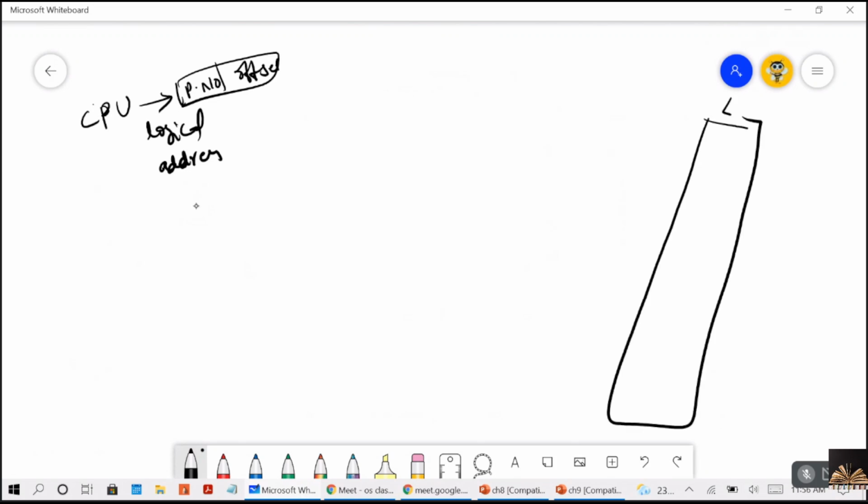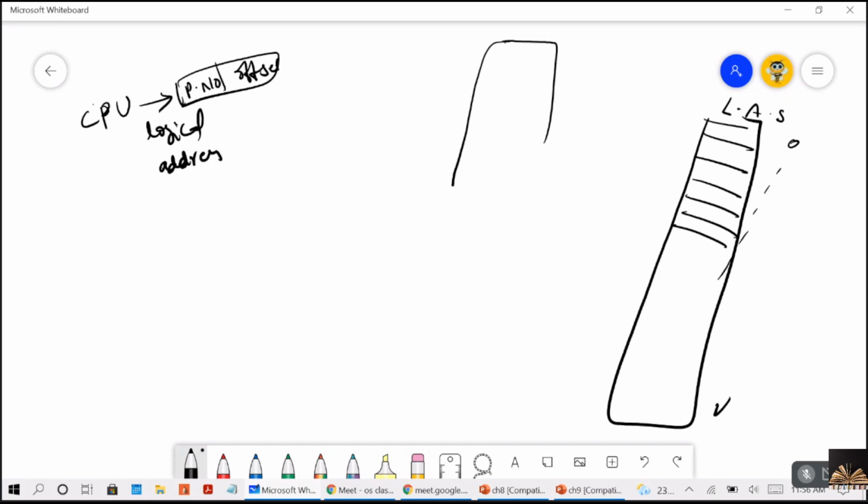This is my logical address space which will have the pages, with page numbers 0, 1, 2 up to V. And I have the main memory. This is my main memory, right? So here it will have the frames.